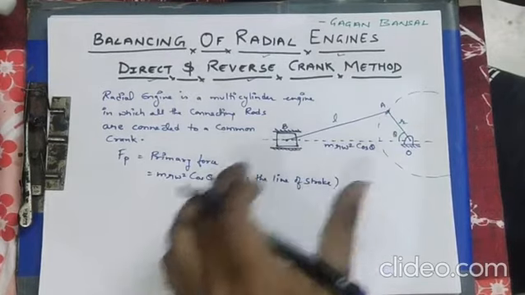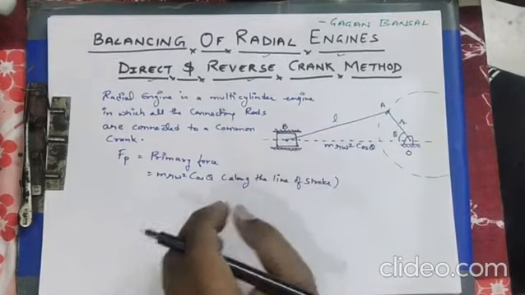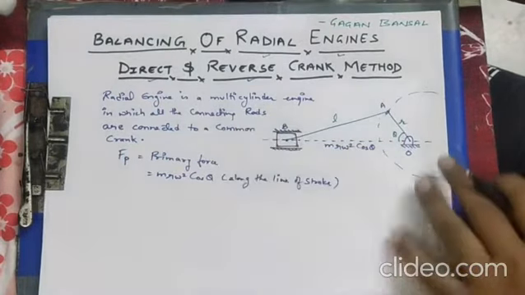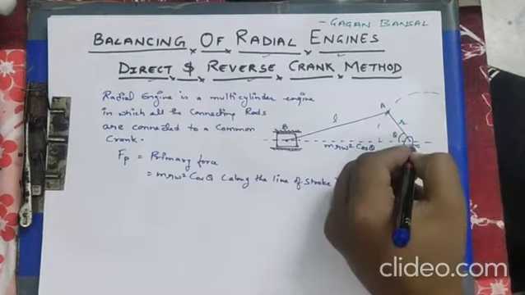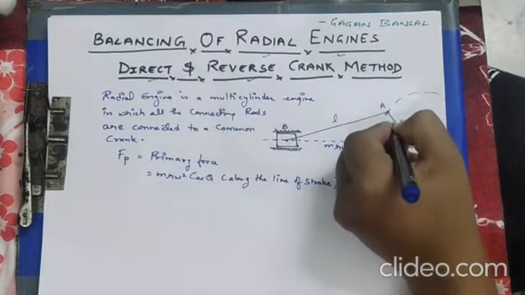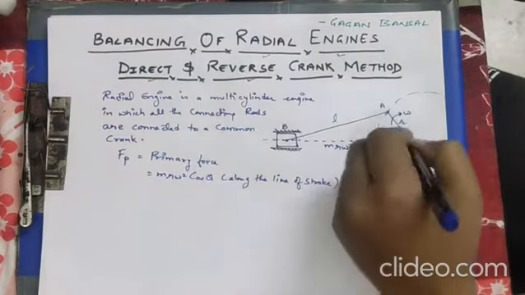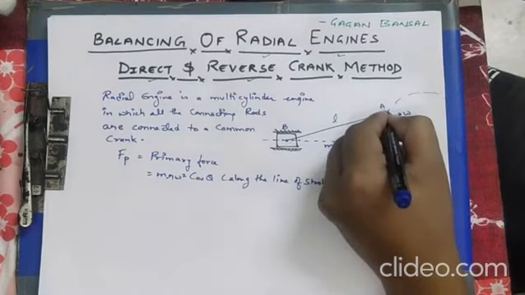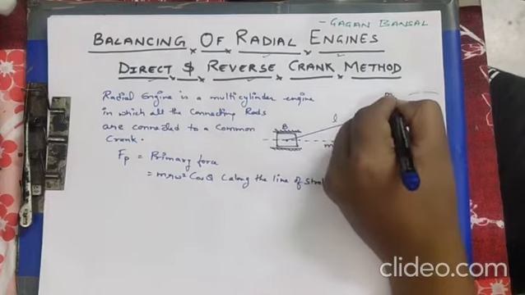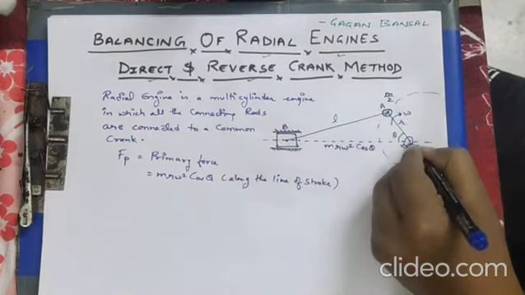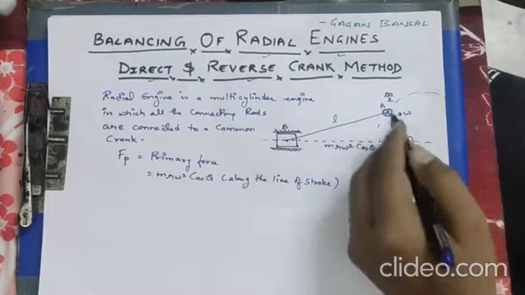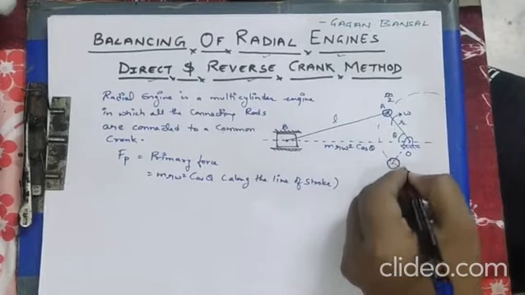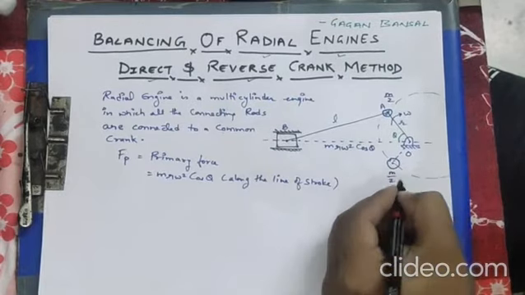So in the method of direct and reverse crank of force, what I do is I just explain you in the figure. Suppose we consider a direct crank OA which is rotating with angular velocity omega, say in clockwise direction, and having a radius R. We consider a mass of magnitude m/2 on the direct crank, and on the same inclination from the line of action we place another mass of magnitude m by 2.